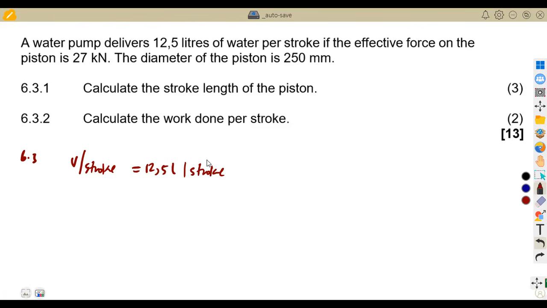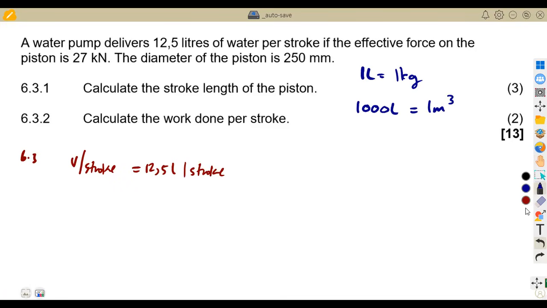If we consider a liter in terms of cubic meters, because we want to work in something that we understand. Remember that a liter is 1 kilogram if you consider it in terms of mass, but in terms of volume, we read from 1,000 liters. 1,000 liters, which is a kiloliter, is equal to 1 cubic meter.